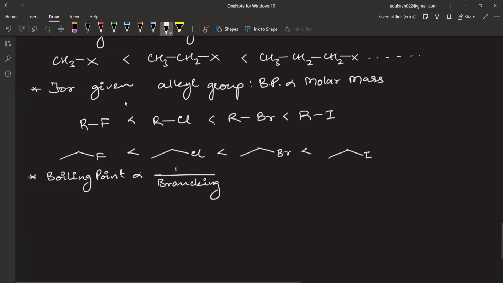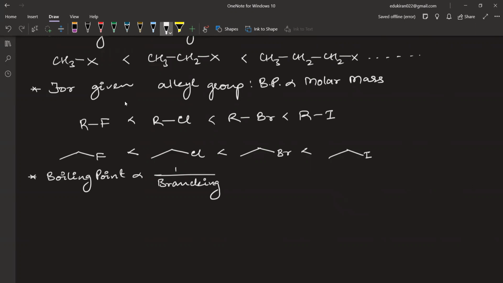So you can see that if I have 1, 2, 3, 4, 5 carbon atoms, it is kind of circular, and if it is circular, the distance will also be lower and the polarity will also be cancelling off. That is why, if we start to branch, the boiling point decreases.